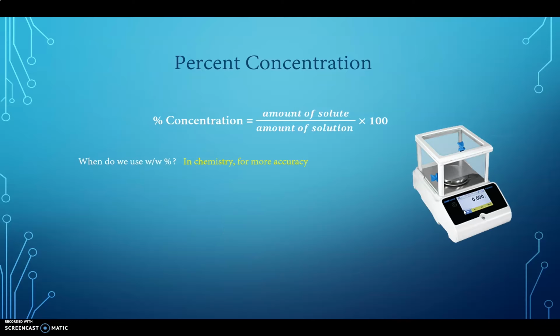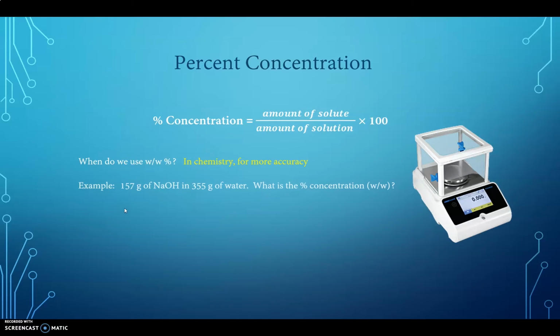If I weighed that same water on one of these balances that weighs out to the nearest thousandth of a gram, I could be 100 times more accurate. So chemists commonly use weight percent simply because we have readily available, accurate electronic balances, and they do give us more accurate measurements.